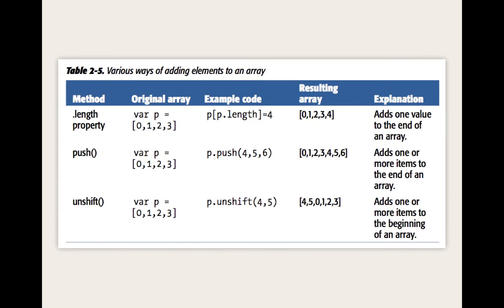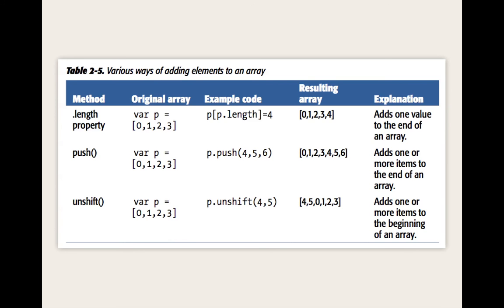There are all these different commands that work with arrays, all these verbs. Remember, verbs are always in parentheses, and you can ask for any noun like array to have this verb of push or unshift, or even length.